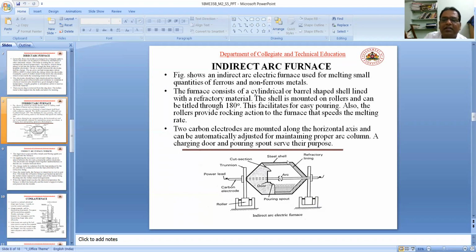The shell is there, you can tilt it 180 degrees, refractory lining is there, support is there, rollers are there, which provide rocking action for the furnace to speed up the melting rate. Power line is there to supply the power. You can see the carbon electrodes.